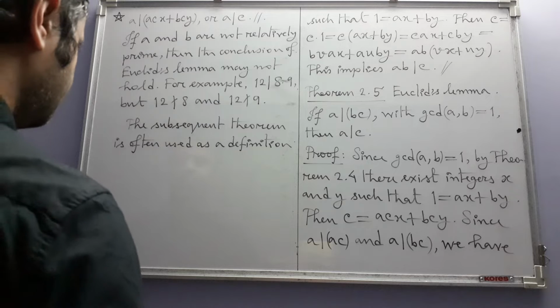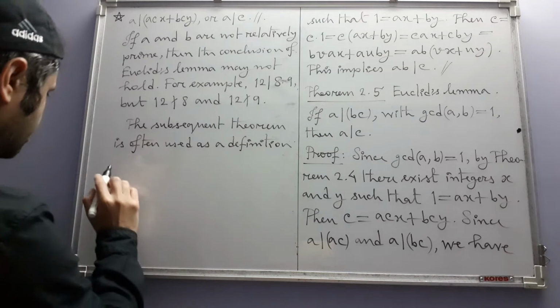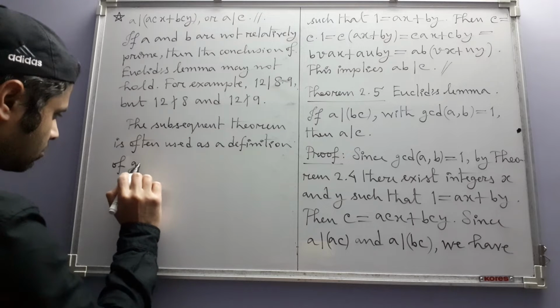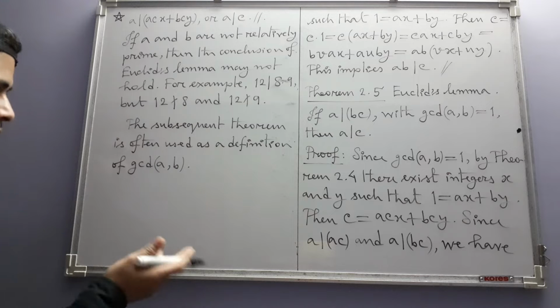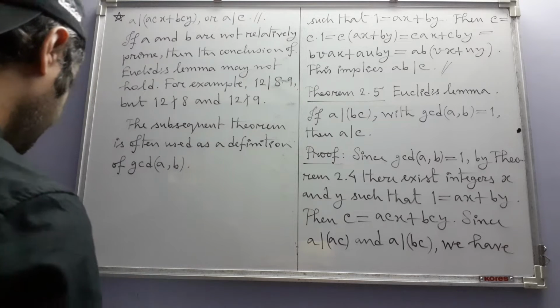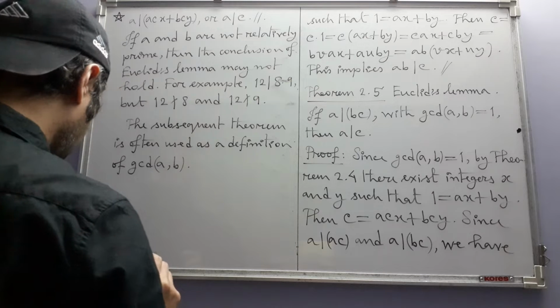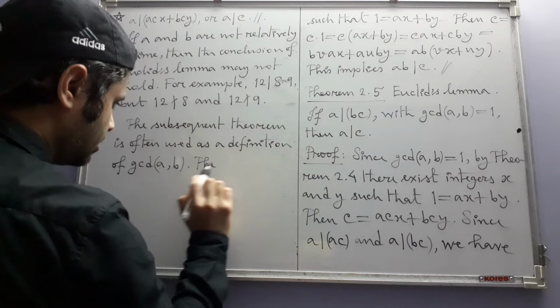Used as a definition of GCD of a and b, where of course a and b are two integers, not both 0. But what is the reason for this? There is an advantage.